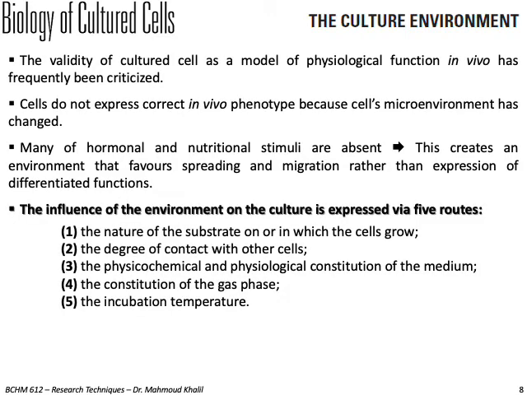So the influence of the environment on the culture is expressed via five routes: the nature of the substrate on or in which the cells grow, the degree of contact with other cells, the physicochemical and physiological constituents of the media, the constituents of the gas phase, and the incubation temperature.